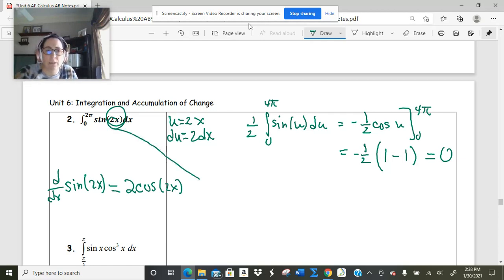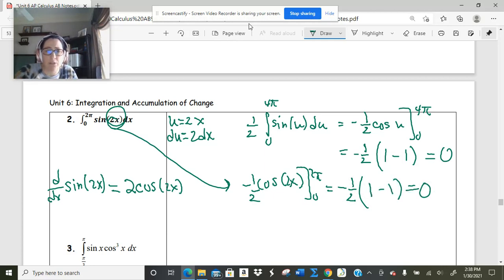So if I just wanted to not have to do a u substitution on here, then I can take the antiderivative of the sine, which is negative cosine, and instead of taking this 2x and multiplying by 2, I'm going to divide by the 2. And look at that, from now the original x bounds, it still gives me my same answer with a whole heck of a lot less work.